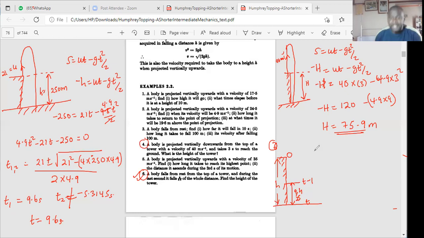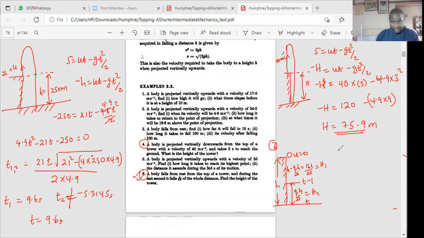Find the height of the tower. The initial velocity up here is 0. The balance here would be h minus 9/25 h, which is actually 16h out of 25. Let's call this h1, and this h2.